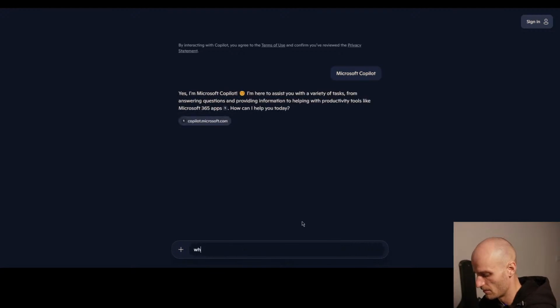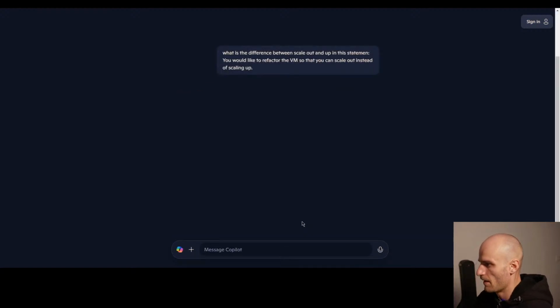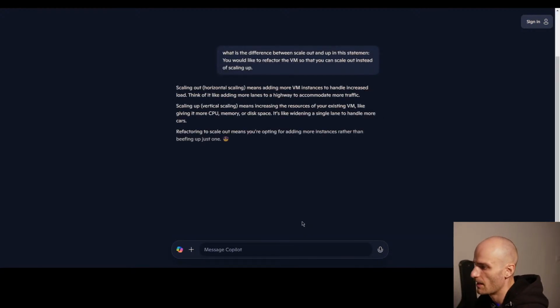So, what is the difference between scaling up and scaling out?